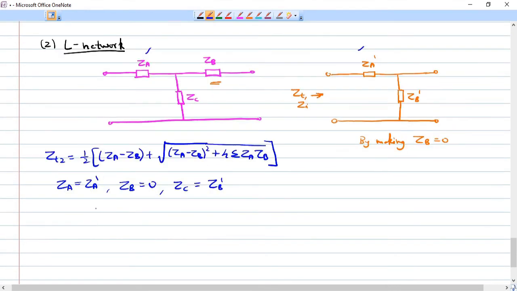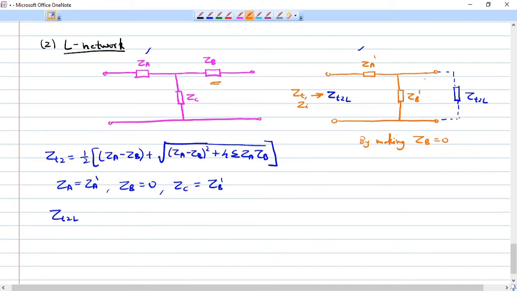On simplification we get ZT2L, the impedance that we get when we look at this L network with its iterative impedance attached to the second port.